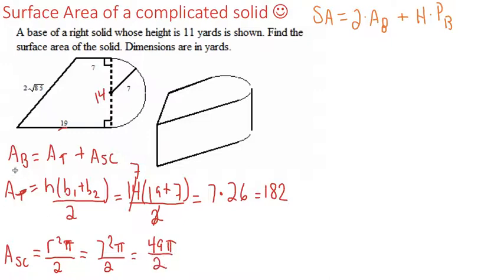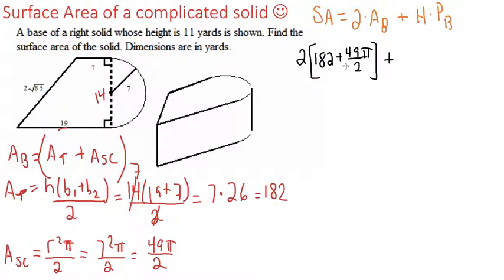So knowing that my area of the base is just the sum of these two, I can start to plug these things into my formula. So I have 2 times the area of the base, which would just be 182 plus 49 pi over 2.